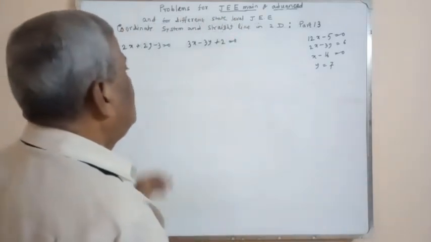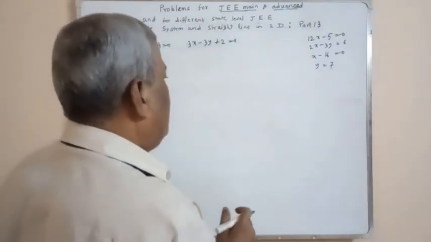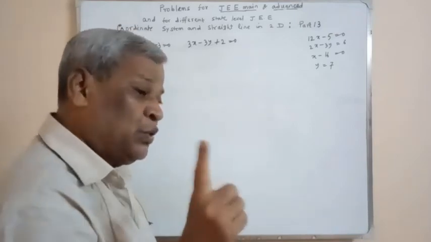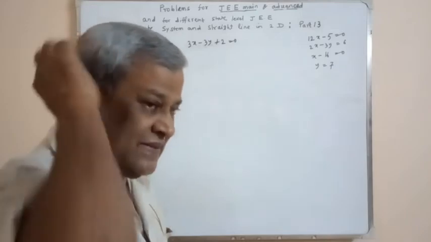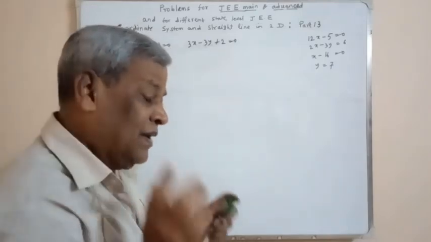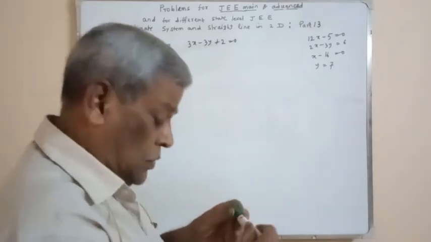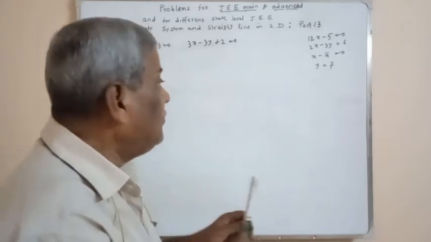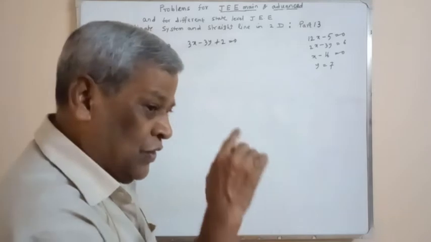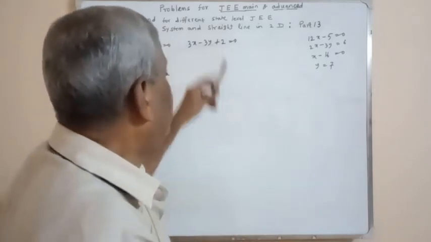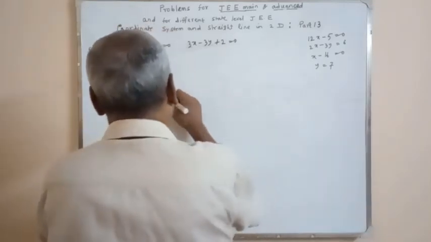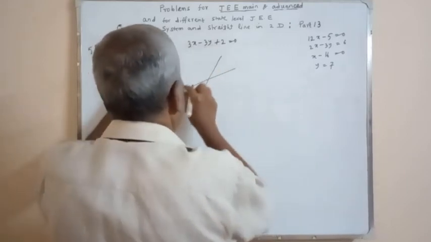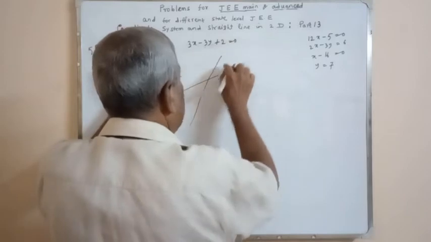The problem is, two straight lines are given, this and that. So it has two bisectors, one for the acute angle and one for the obtuse angle if they are not a right angle. This is that straight line, this is that straight line.